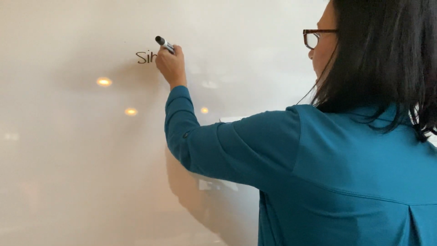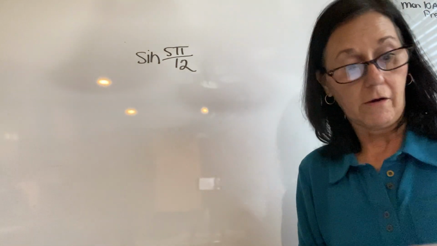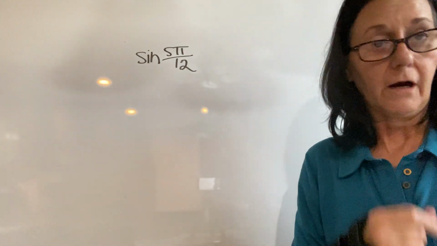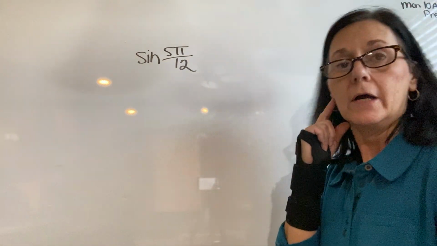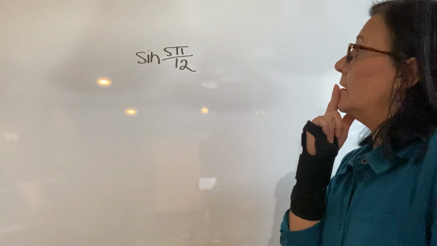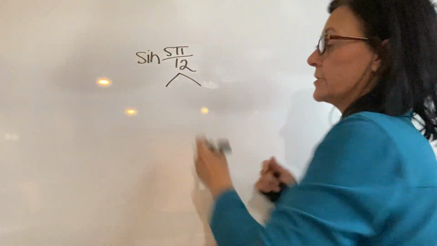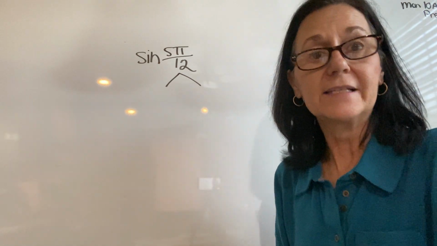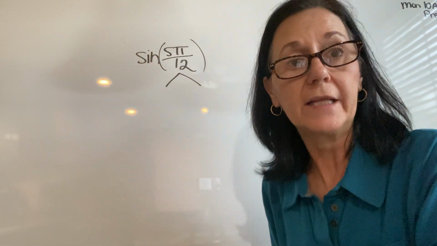The sine of 5 pi over 12. Are there two values on the unit circle that I can add? I can split this into two such that it's the sine of the sum of those two radian measurements.